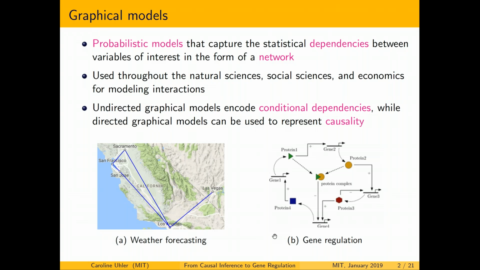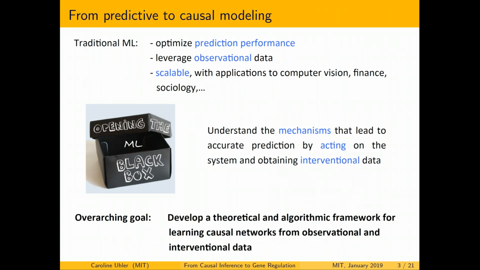And so a lot of what we do is somehow, how do we go from predictive modeling over here, all the way to causal modeling over here. And so, who does a lot of predictive modeling? Well, machine learning, that's what it's all about, right?